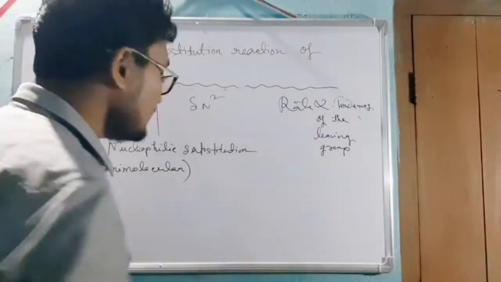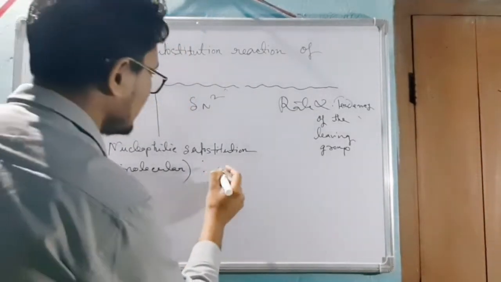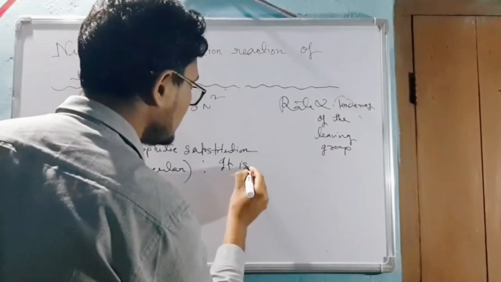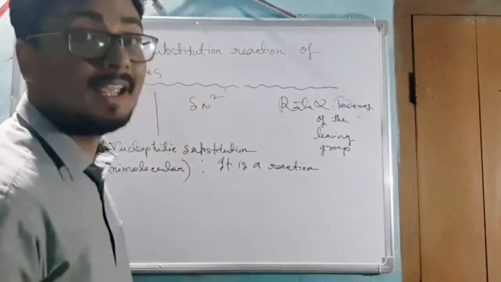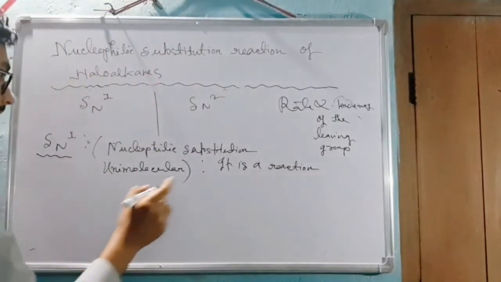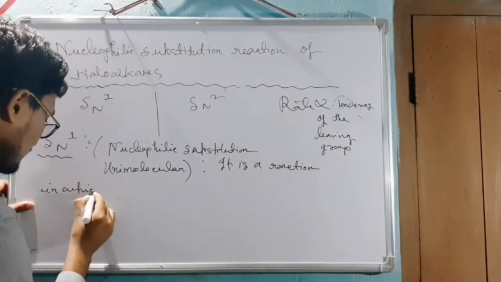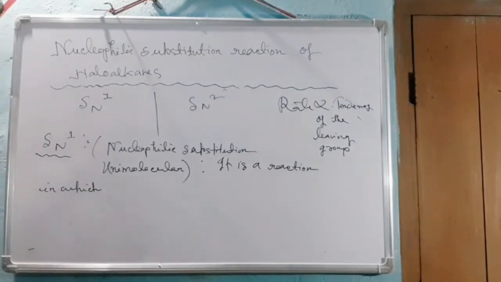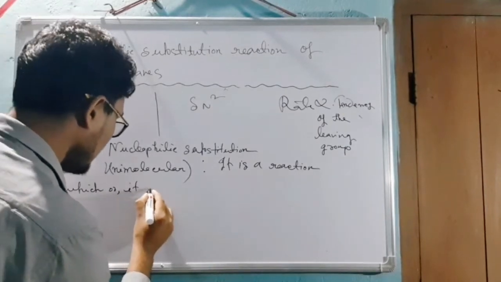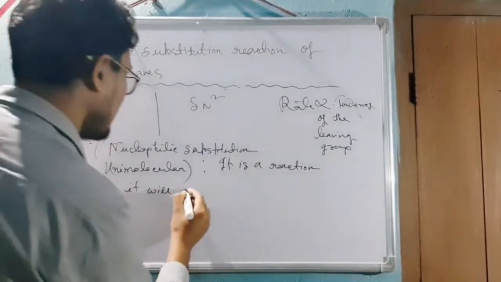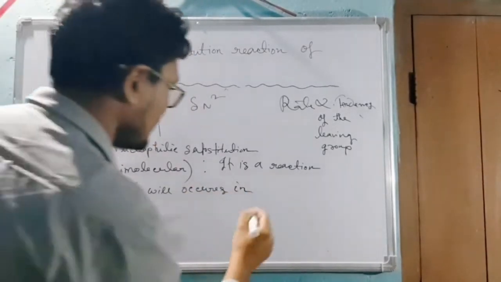What is nucleophilic substitution unimolecular? It is nothing but a reaction in which it occurs in two steps.